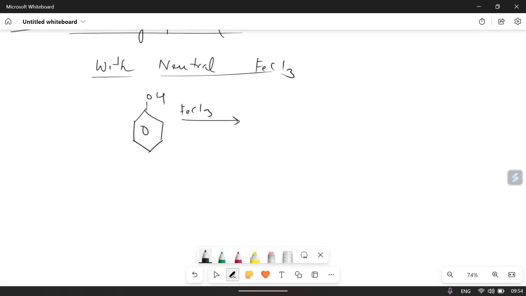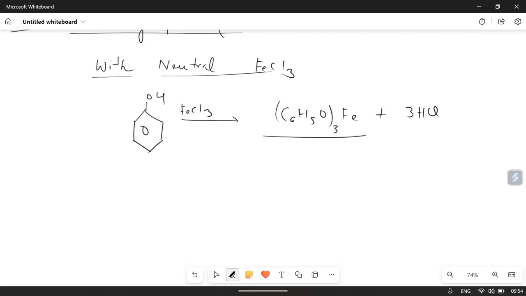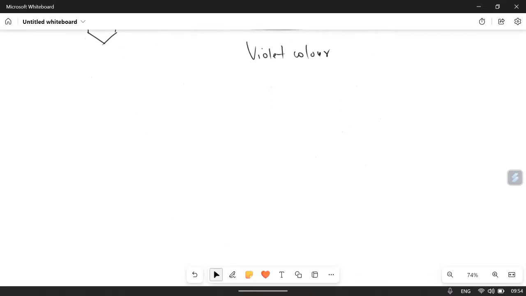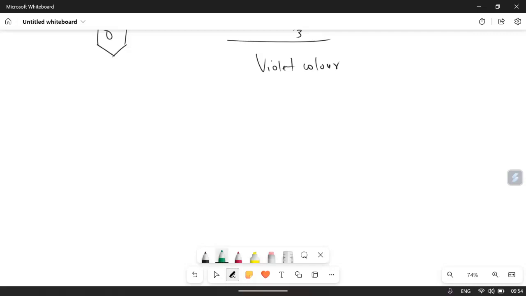It will give a compound. You can write down like that: (C6H5O)3Fe plus 3 moles of HCl, and this will give violet color in the reaction. So this is the first test, with FeCl3.